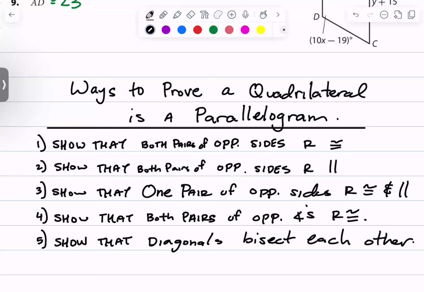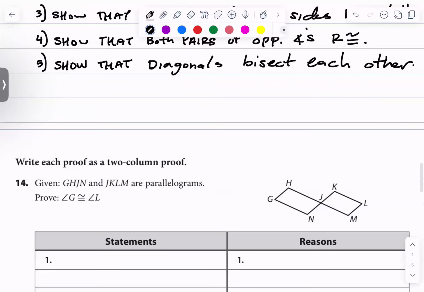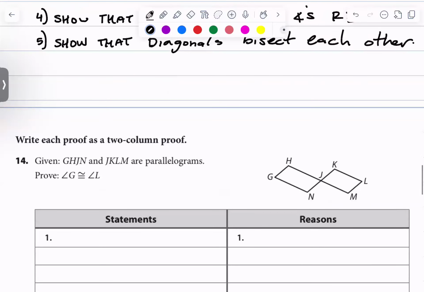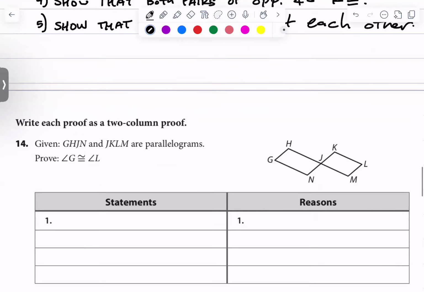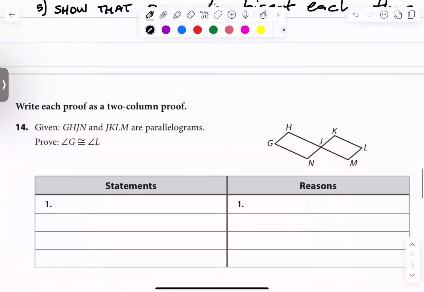All right, it's essentially just telling us that one of the properties exists, right? So before I even jump to the statements and reasons here, actually, these are not proving that the quadrilateral is a parallelogram. We're using the properties of parallelograms to prove something.